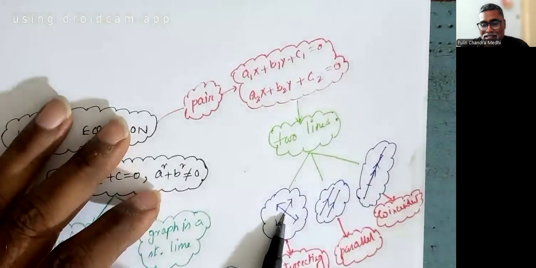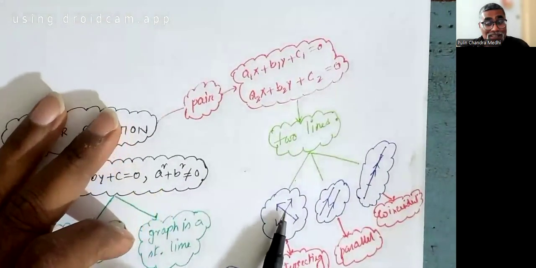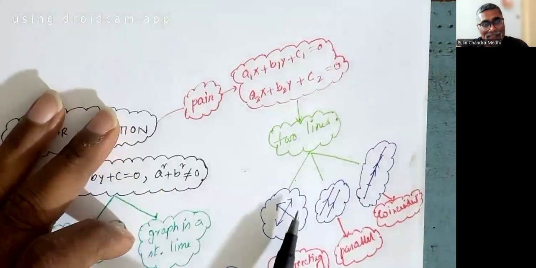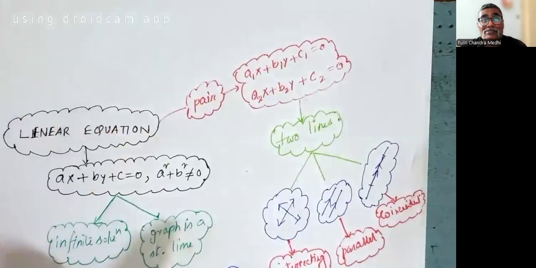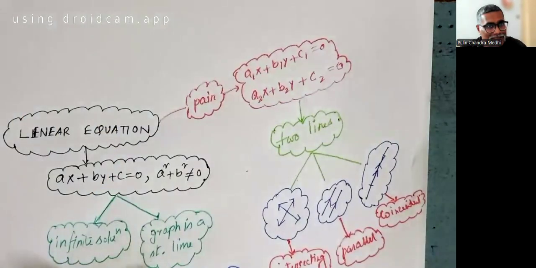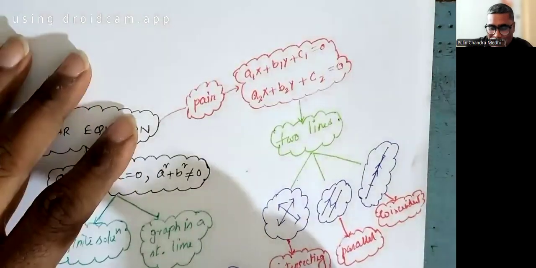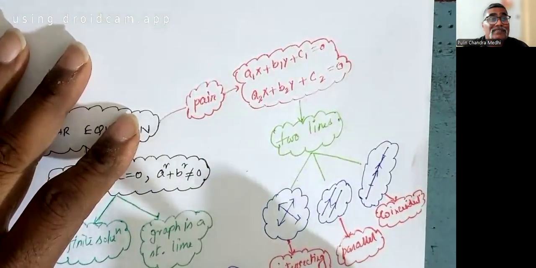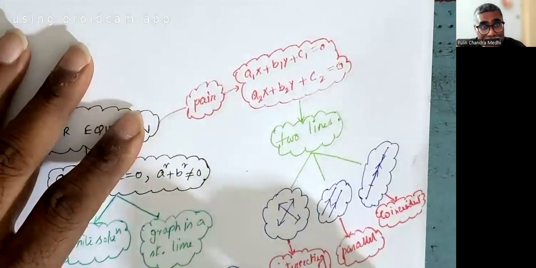These two lines are meeting at this point. So this point is the common point. This is lying in this line as well as in the second line. So this common point is the common solution of those two equations, right? So there is only one common solution. So here we'll write one solution, one common solution. That common solution is known as the solution for the pair of linear equations.